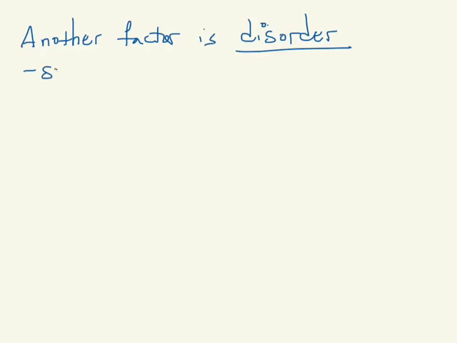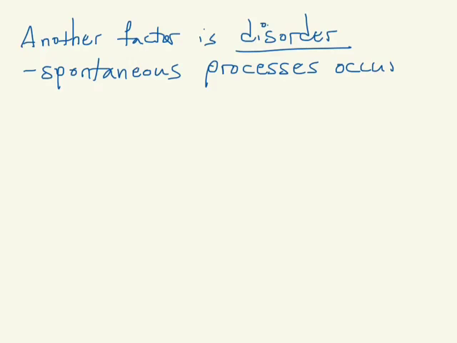Okay, another factor is what we call disorder. Disorder is something we look a lot more at later on, like chapter 20. But spontaneous processes occur when they become more disordered.